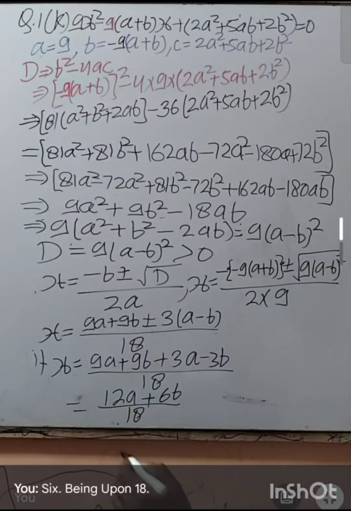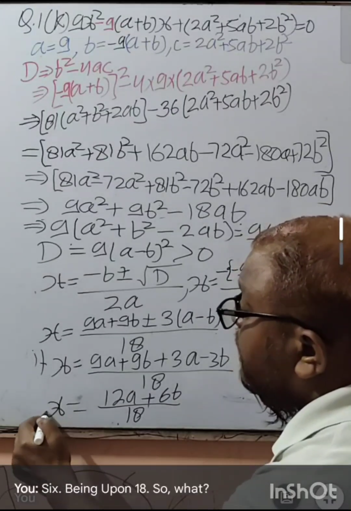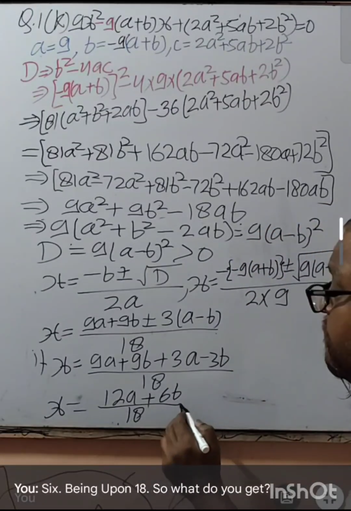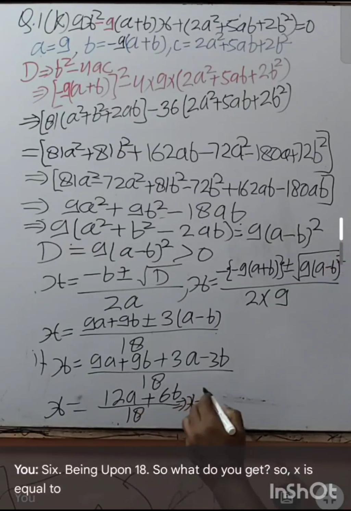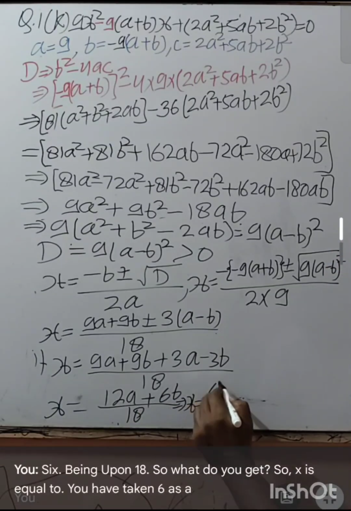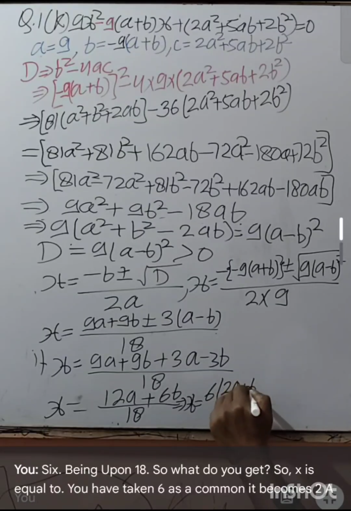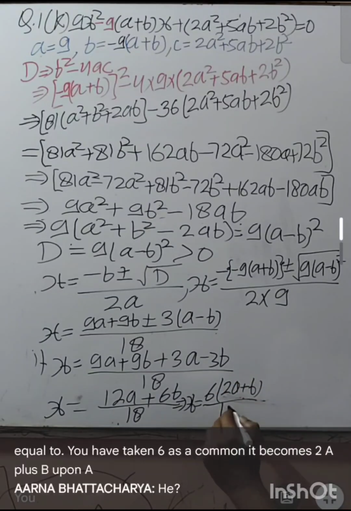So what do you get? So x is equal to, you have taken 6 as common, it becomes (2a plus b) upon 18.